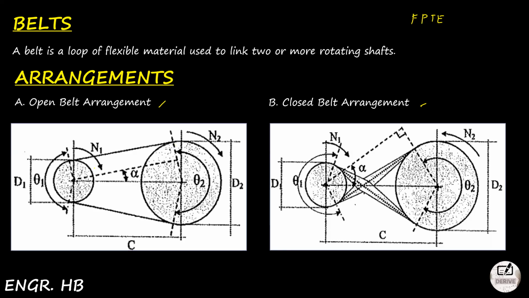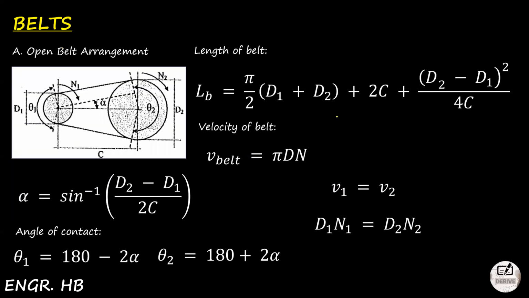So, this is the open belt, and dito naman is yung closed belt. Makikita natin na mas mahaba yung mako-consume na belt given the same center distance dito sa closed belt arrangement. Okay? So, ayan yung the two pictures of arrangements of belt.